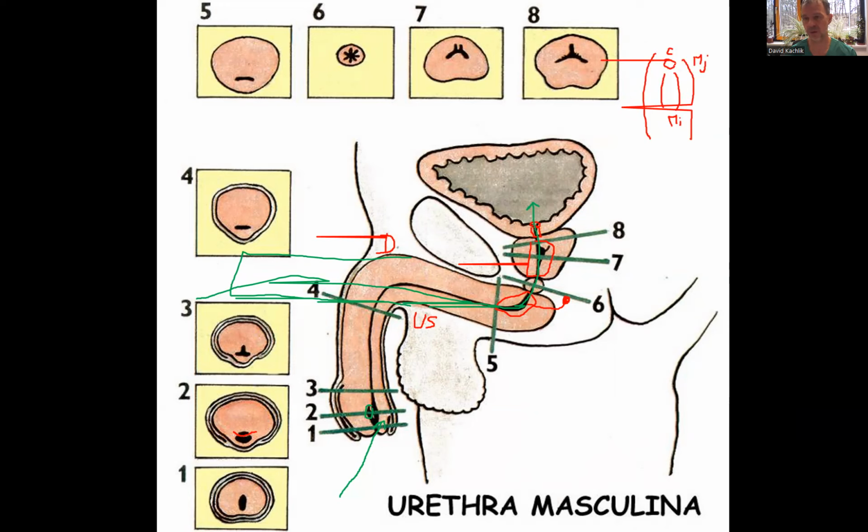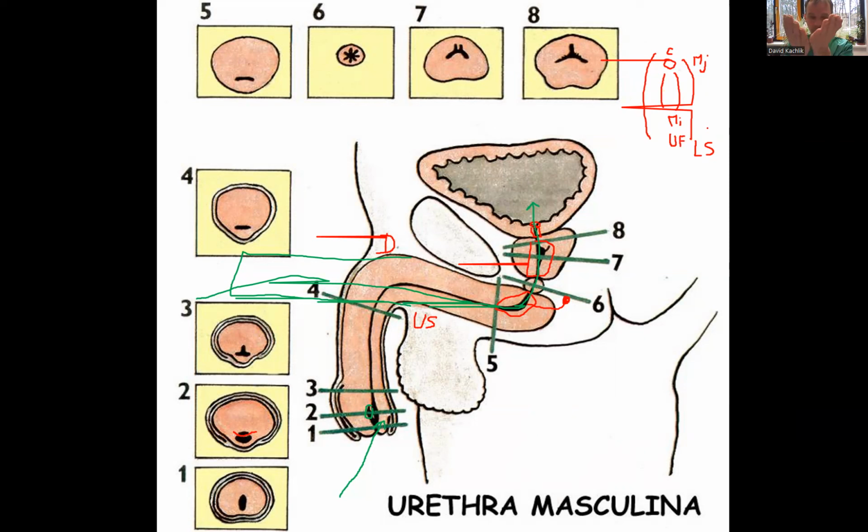In male, it changes. The phallic or genital tubercle grows into the penis. These outer folds are called labioscrotal folds, so they form the scrotum. And these internal ones are called urethral folds. So these urethral folds form the urethra.